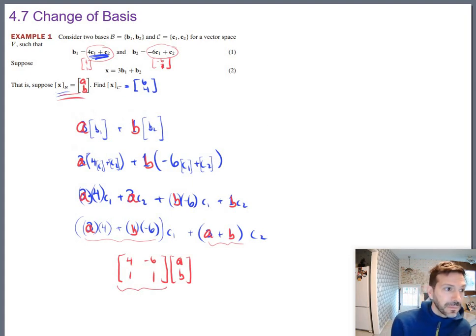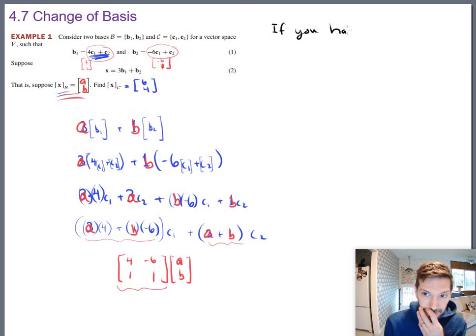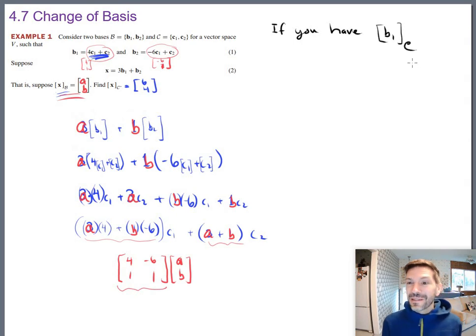So if you have B1 in C coordinates, which we did, that was our 4, 1. We said that's how to write B1 in terms of the C basis. And you also have B2, same thing for the other basis, B2 in terms of C coordinates.